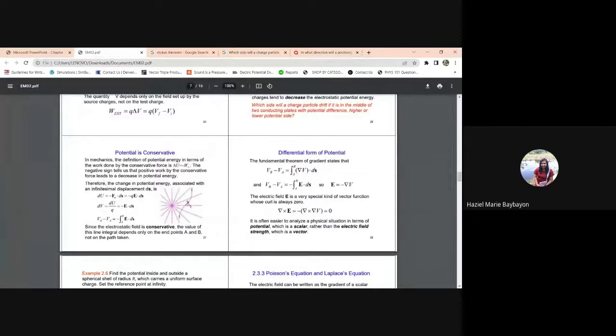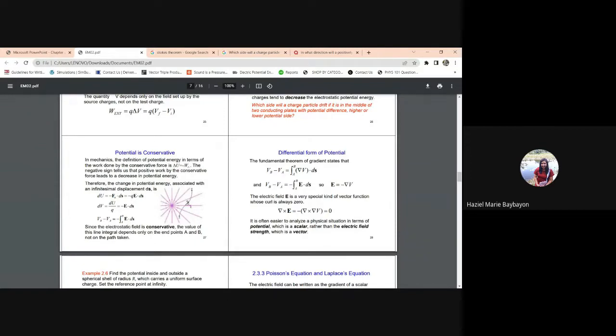Alright, so you have dU, the infinitesimal change in potential energy, equal to negative F dot ds. So work is defined as the dot product of force and the displacement vector. That is why we have here force F dot dl or ds, the infinitesimal displacement ds.